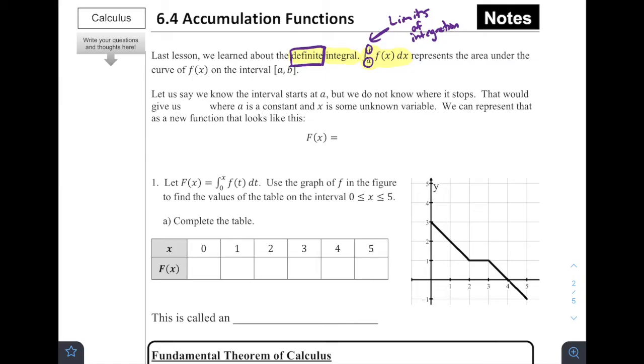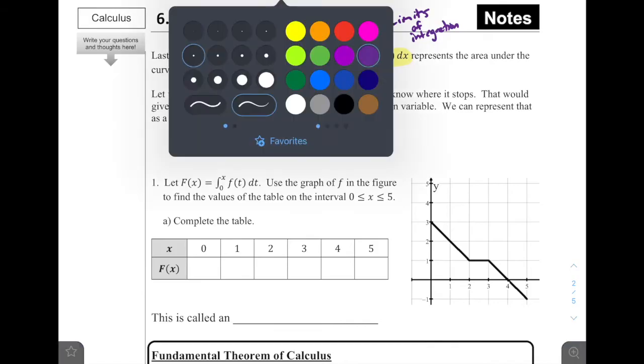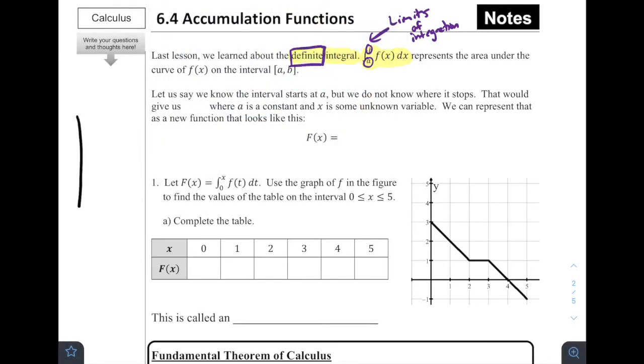Now, for today, let us say that we know the interval starts at a, but we don't know where it stops. So for example, maybe we have some sort of function, and here's our function looking like this, and we have an a value, and we know that we're finding the area under the curve of this part, and we know that it's starting at x equals a, but we don't know where x is.